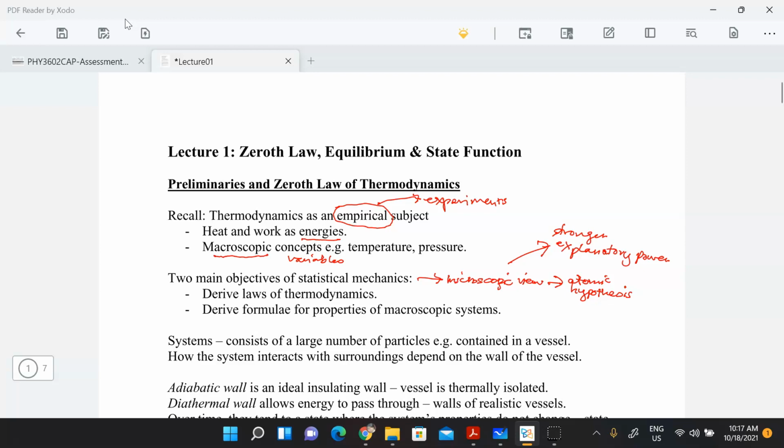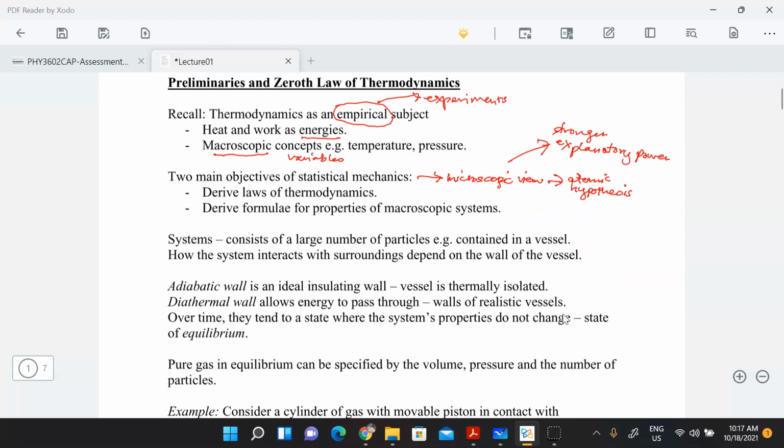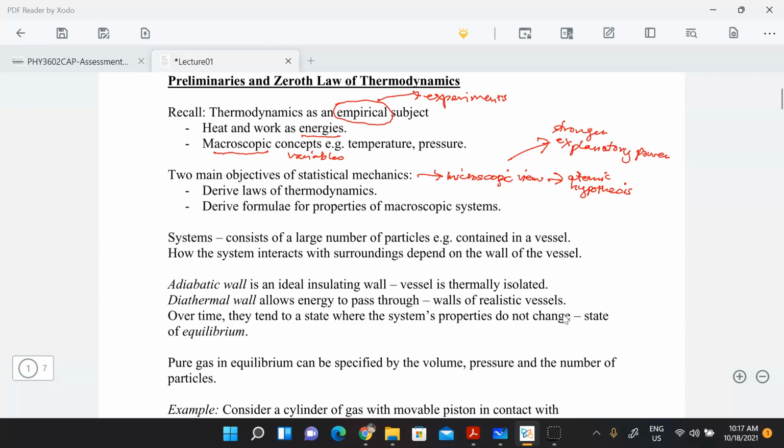In our context, we talk about systems. Systems are the things that we are going to be studying, and they consist essentially of a large number of particles, or atoms, normally contained in some vessel, and this vessel could interact with the surroundings. How this interaction happens depends on the nature of the wall of the vessel itself.